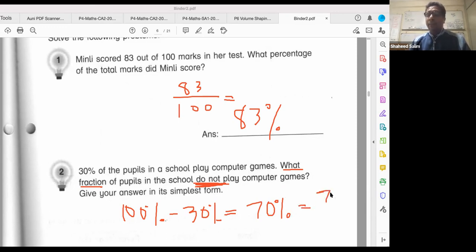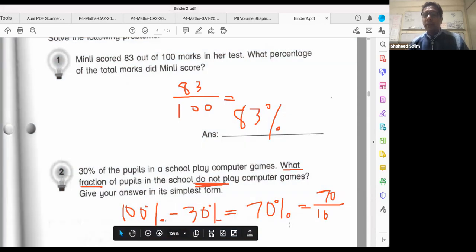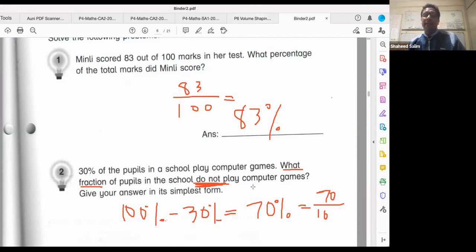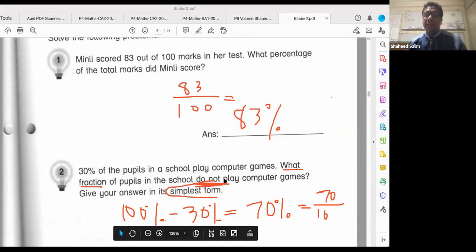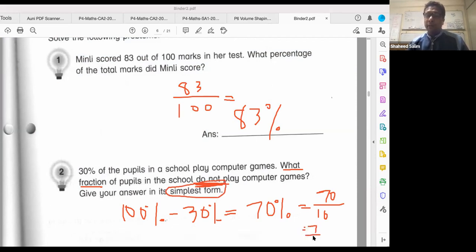But they also ask you to bring it to lowest terms. So this is 7 over 10, Farish. They say down here, Farish, simplest form. So now it must be 7 over 10.